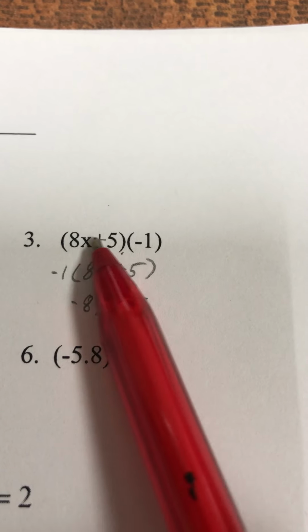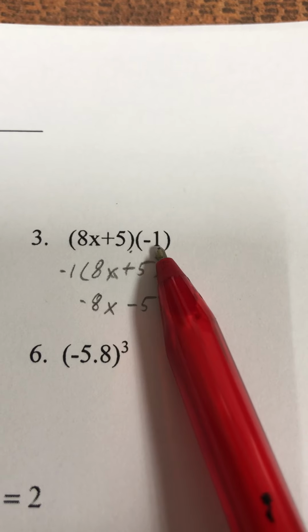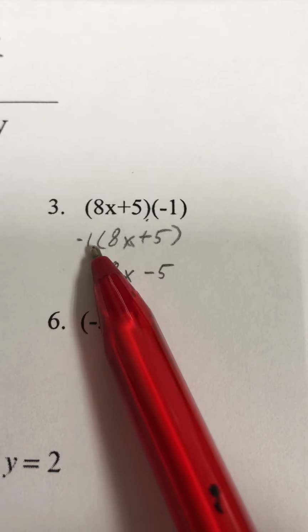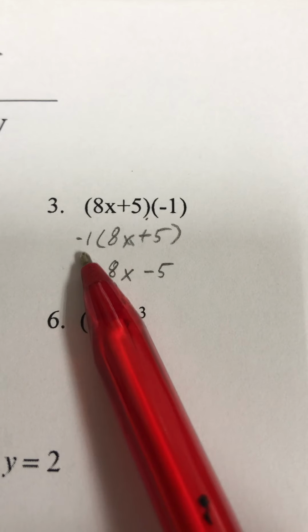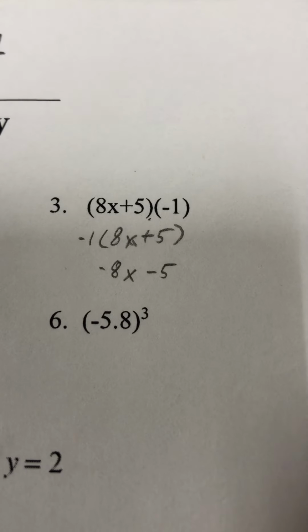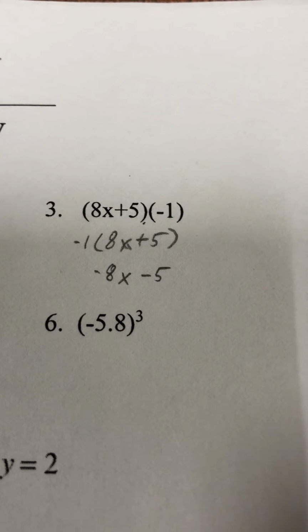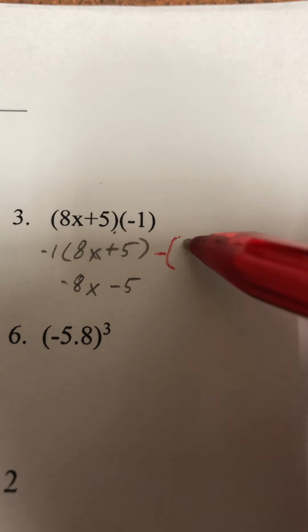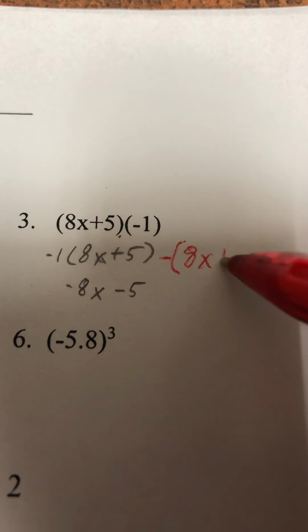I'm going to rewrite this, because when this is in the back, that kind of confuses us sometimes. I'm going to put it in the front. This just means -1 distributed into these parentheses here. So you're just going to use the distributive property. You may want to look at it like this, just a negative in front of 8x plus 5.